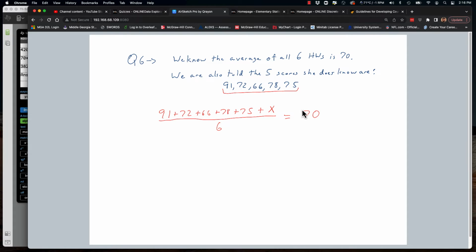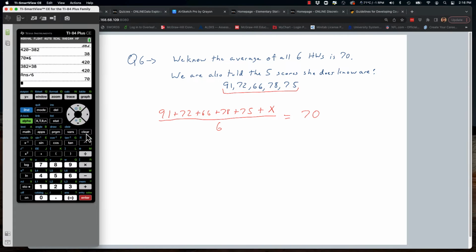So we're really looking to find that x value. We need to sum up those values first. 91 plus 72 plus 66 plus 78 plus 75 should give us a grand total of 382. So we can simplify that down into a much nicer looking equation.